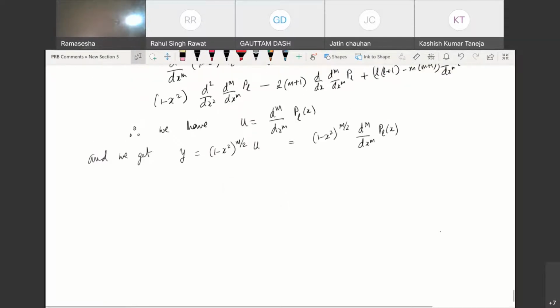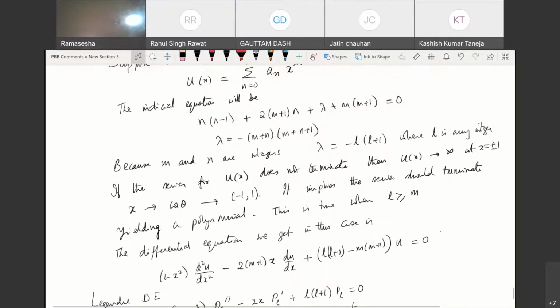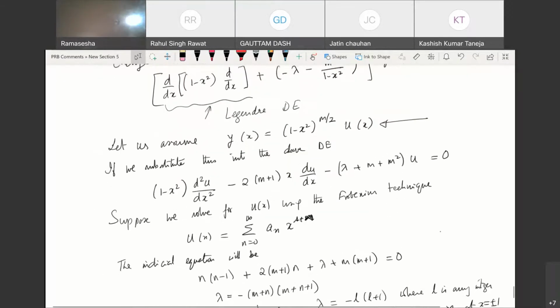Okay, so now you see how I got the solution for this equation.